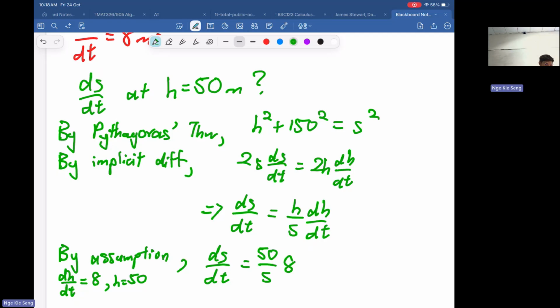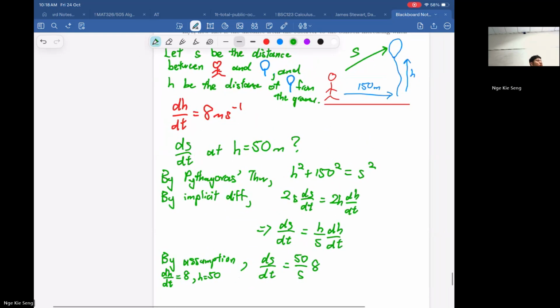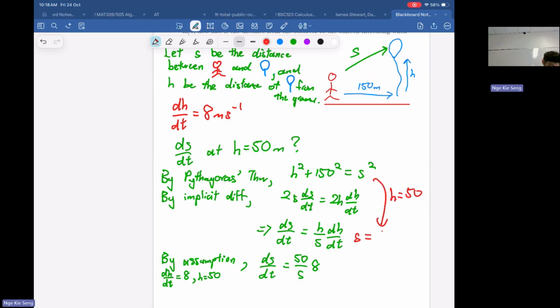Can you get s when the height is 50 meters? Your height is fixed, so by Pythagoras theorem, you can find your s. When h is 50, s equals the square root of 50 squared plus 150 squared. Can someone get what this is?